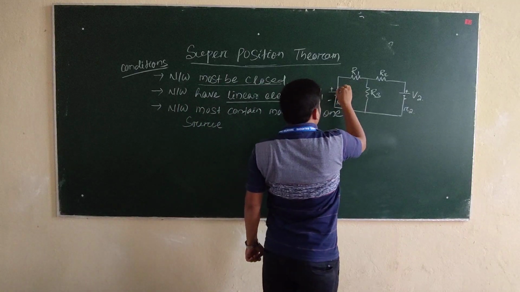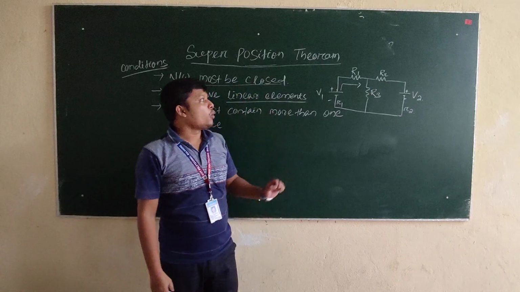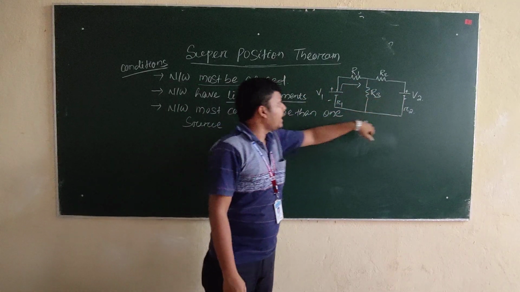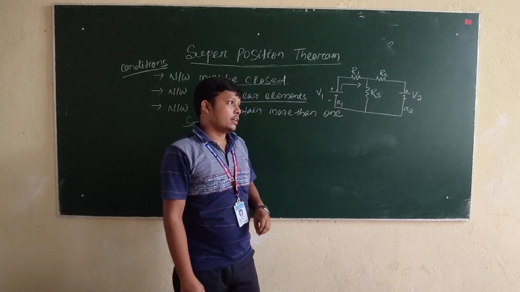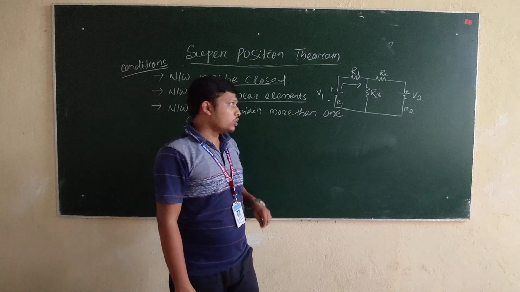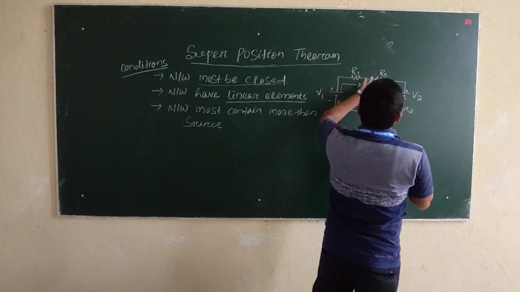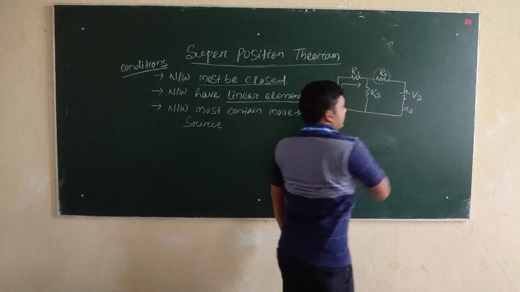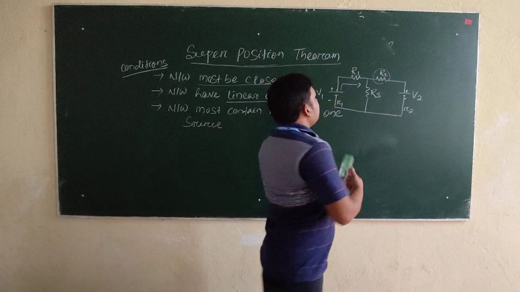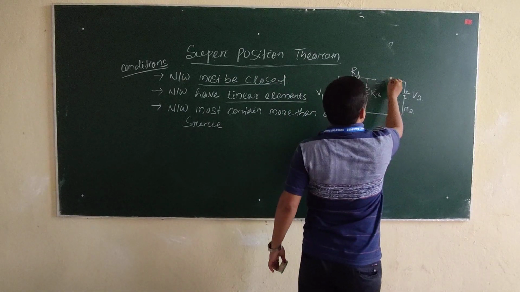In a closed network, the current must flow from the positive terminal towards the load and again towards the negative terminal. If we omit this resistance, then it is replaced as an open circuit.